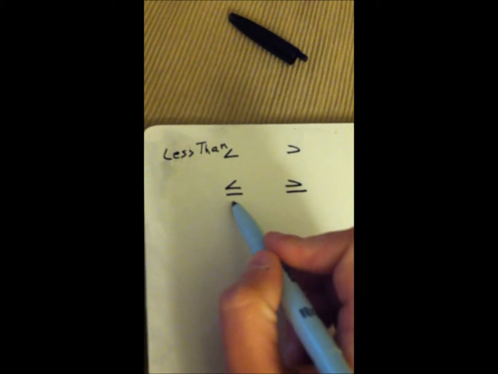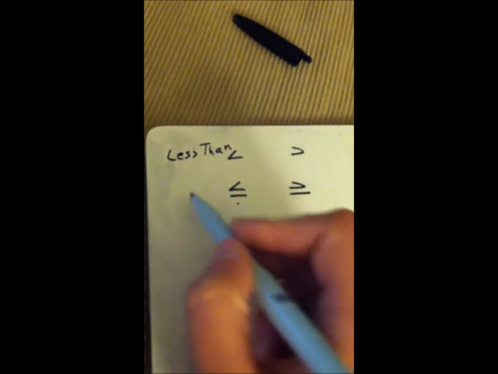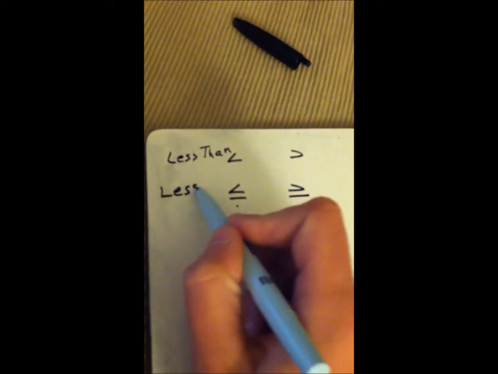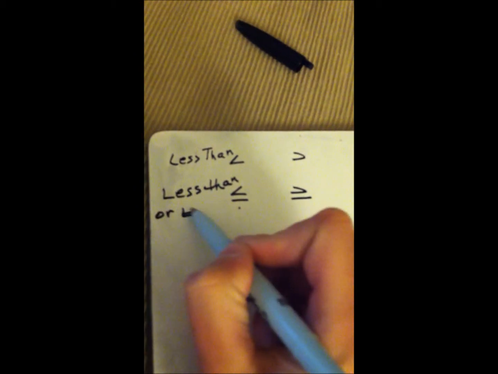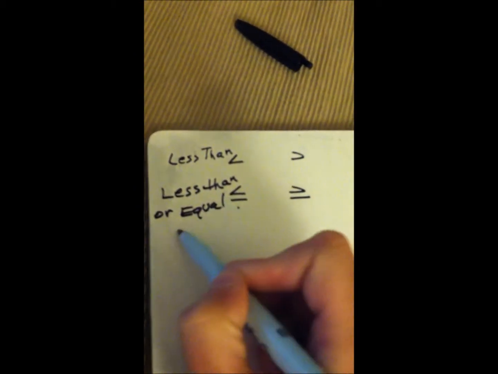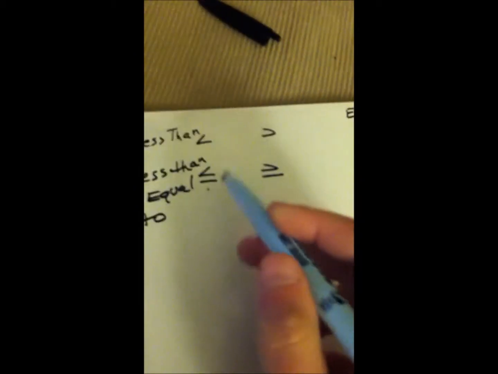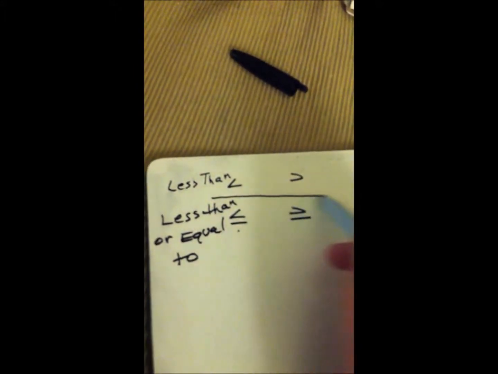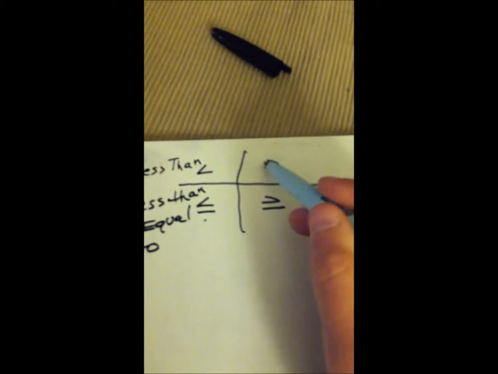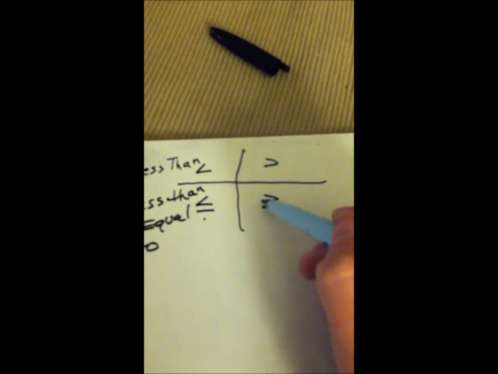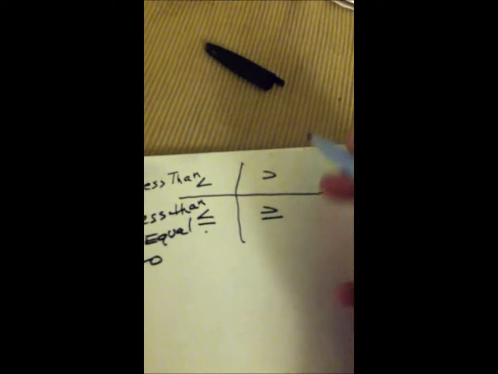Now, the line underneath it makes this less than or equal to. Okay? Now, as I'm sure you probably guessed, these will be the opposite. The big open crocodile mouth is on the left, since we read left to right.